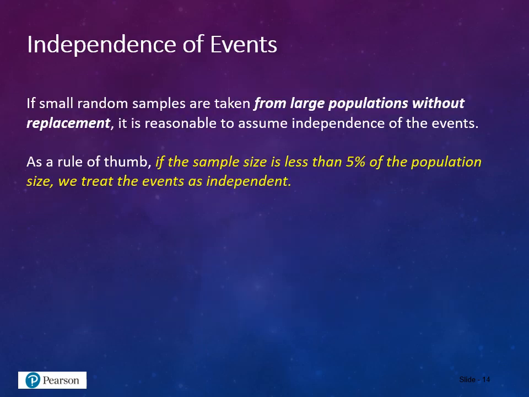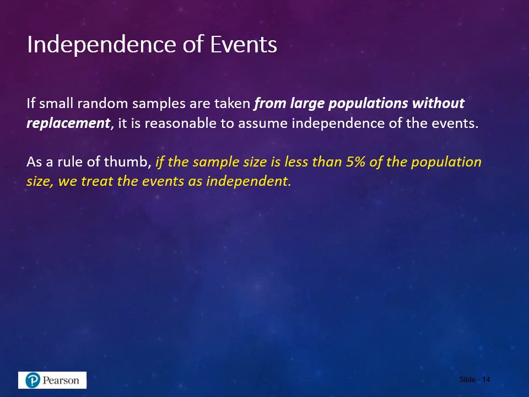And so finally, this idea of the independence of events: if small random samples are taken from large populations without replacement, it is reasonable to assume independence of the events. Okay? So if we take a small sample from a large population without replacing them, we're assuming independence. As a rule of thumb, if the sample size is less than 5% of the population size, we treat the events as independent.